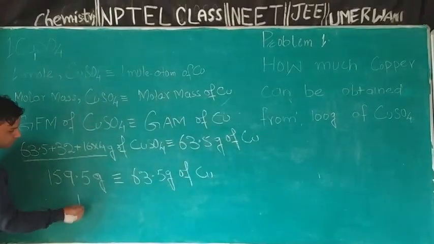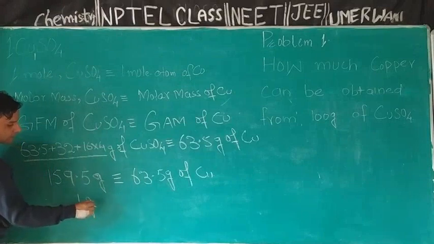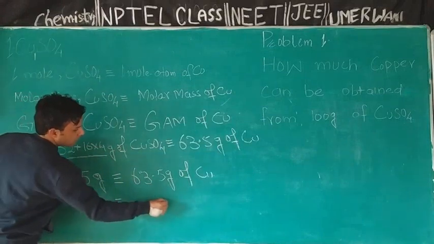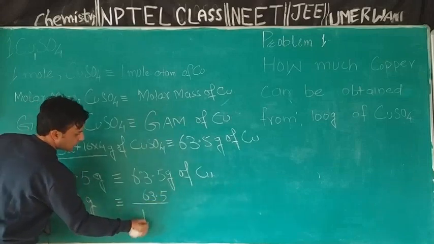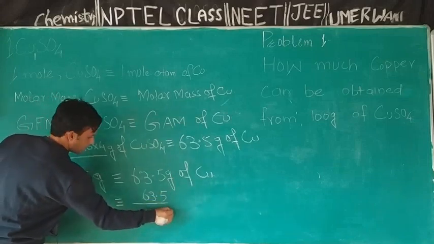1 gram will produce 63.5 divided by 159.5.